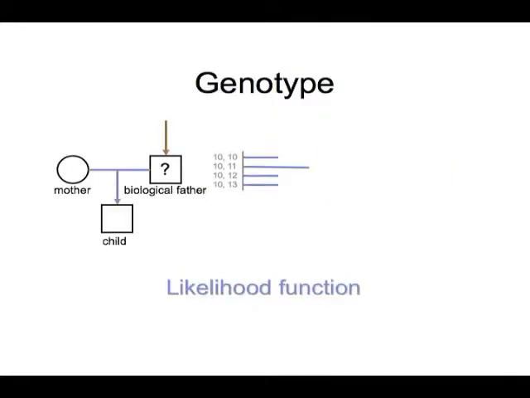Now we see data. And for the moment, we'll take a look at something you're very familiar with, which is paternity. And this is kinship data. So in blue, we now have information with arrows coming out of the unknown individual, the true biological father. And that arrow is representing a likelihood function.